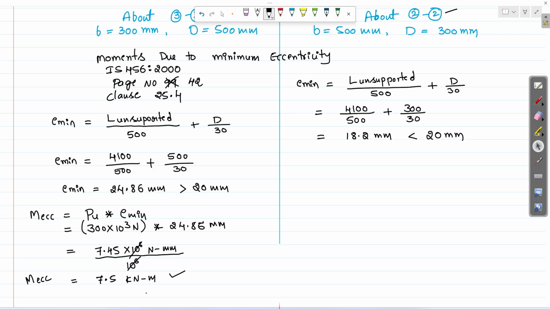Similarly about 22. So minimum eccentricity moment equals Pu multiplied by E minimum. So Pu is 300 into 10 power 3 Newton multiplied by eccentricity. So eccentricity is less than 20 mm, so you need to consider minimum. The code says minimum you should have 20 mm eccentricity. So which will be 6 into 10 power 6 Newton millimeter.